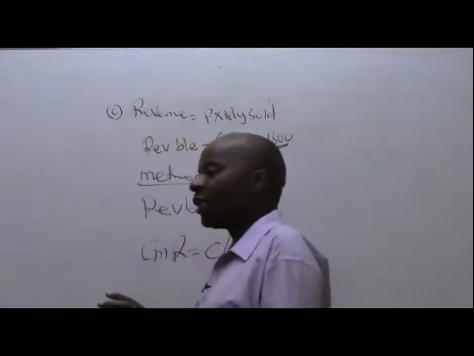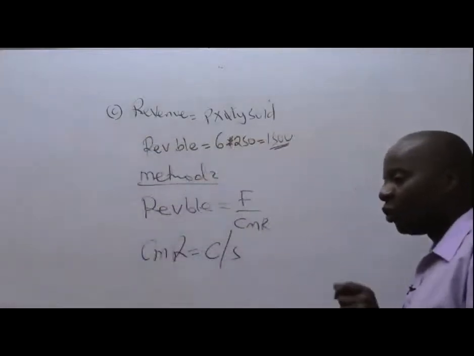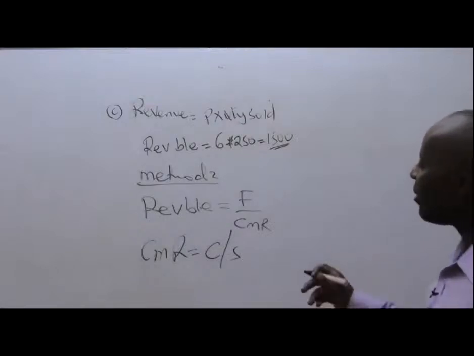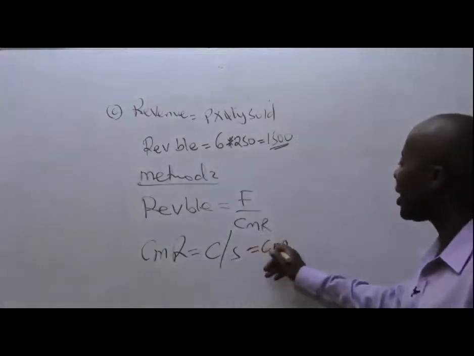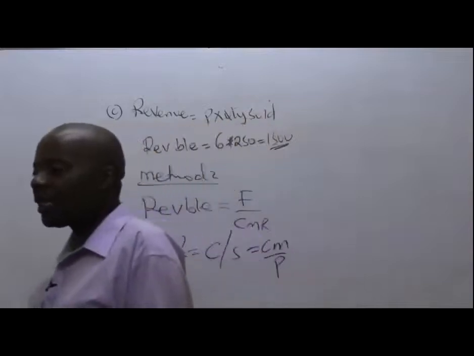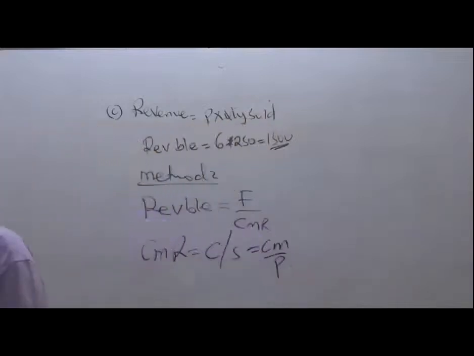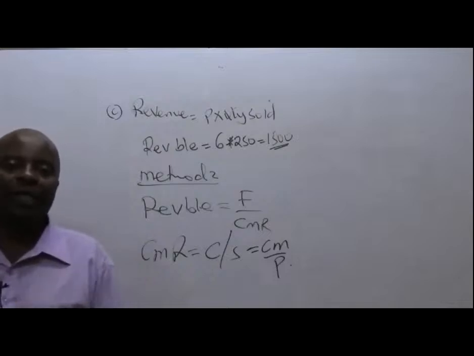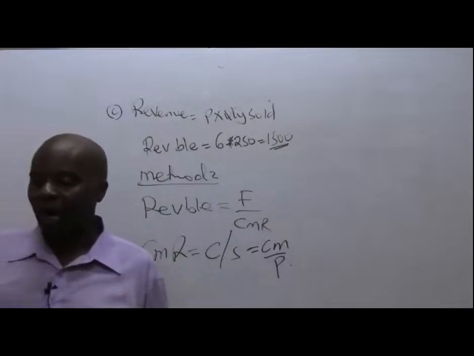The question that I would want to pose to you, greatest students of mine, is how do we get this CMR? To get CMR, ladies and gentlemen, we normally take CM over price. CM, which is contribution per unit, divided by selling price.